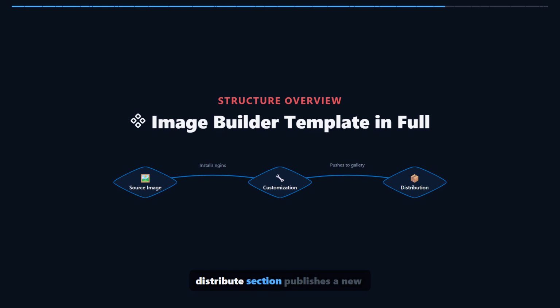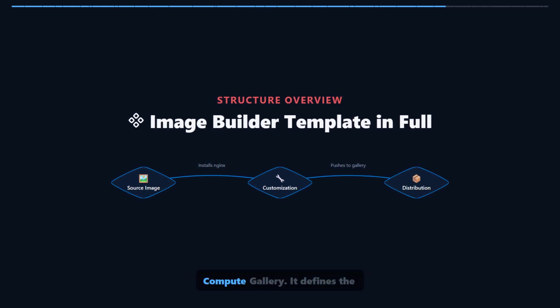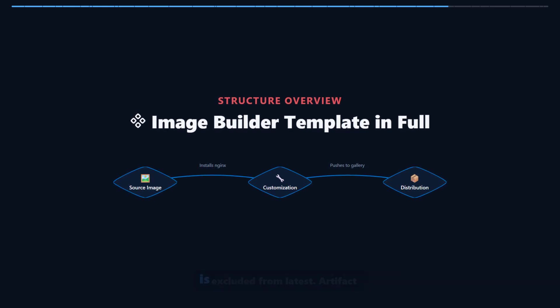The Distribute section publishes a new immutable image version to Azure Compute Gallery. It defines the gallery image ID, output name, target regions, replica configuration, artifact tags, and whether the candidate is excluded from latest.